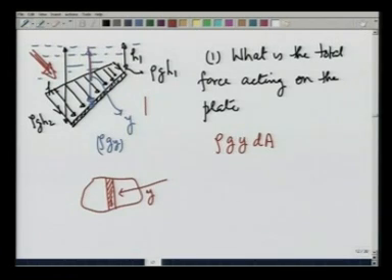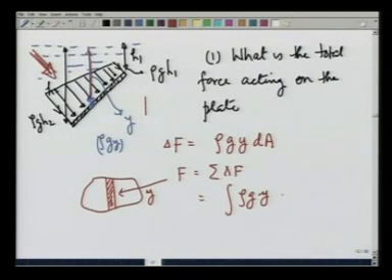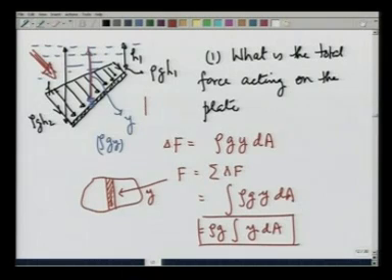Y is being measured like this, vertically down. So net force is going to be the sum of delta F, which is nothing but the integration of rho g y dA. Rho and g are constants, so it is the integral of y dA. This is the net force acting.